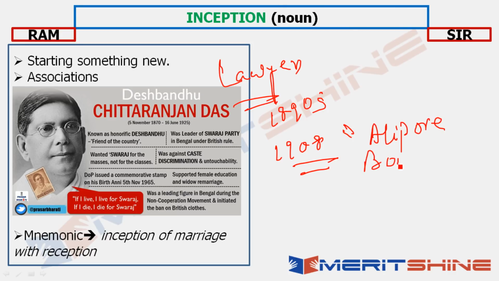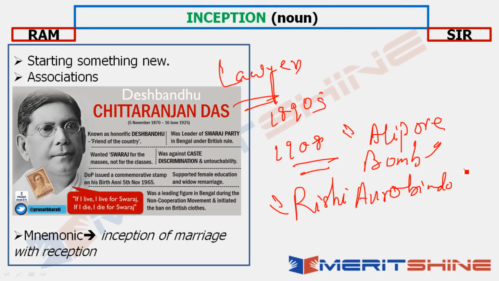Now, who was the person who was indicted in the Alipur Bomb case? Yes, Rishi Aurobindo was indicted in the Alipur Bomb case. So Rishi Aurobindo was indicted, and he came back in 1908 to defend him successfully.